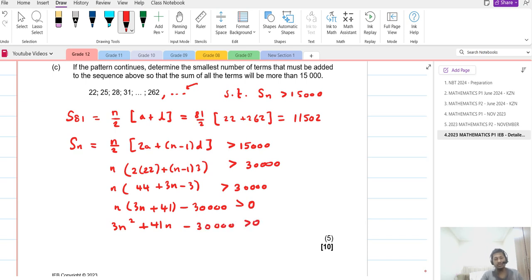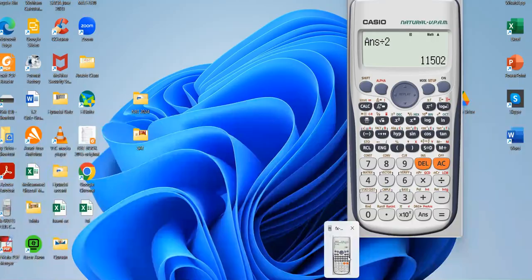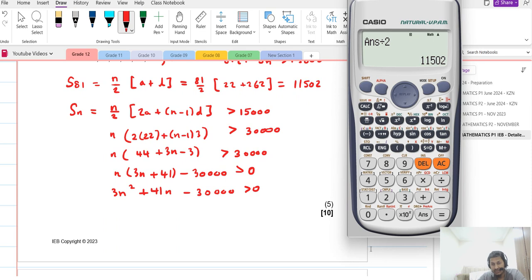Can we solve this? Can we divide this by 3? Is 41 divisible by 3? I think 41 is a prime number. No, we can't. So we're going to enter this into the quadratic function mode 5 3. We have 3, we have 41, and we have minus 30,000.